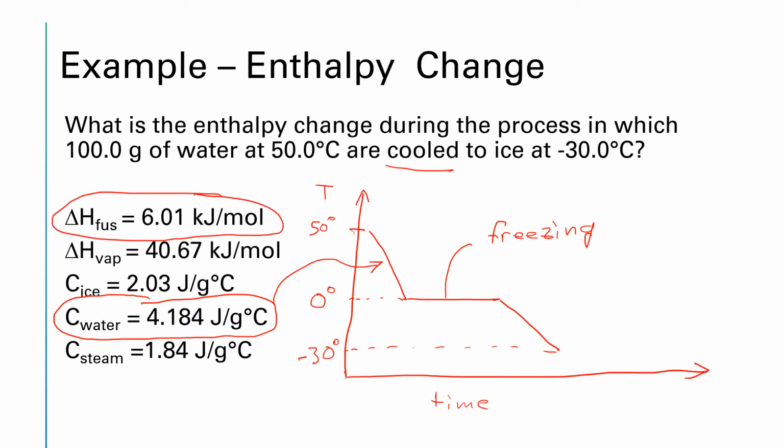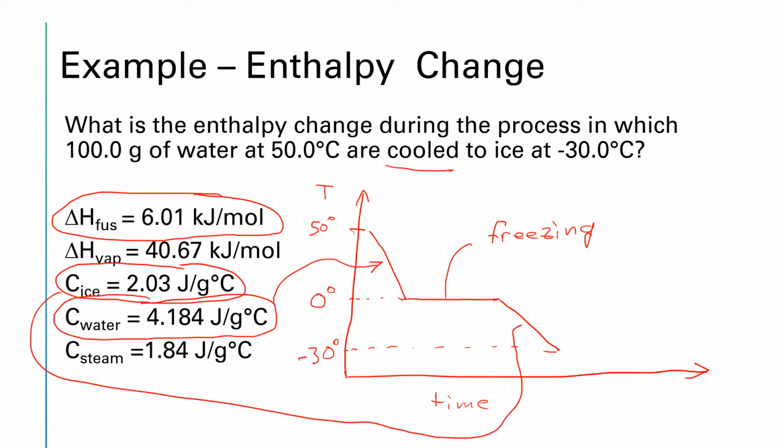Notice units are all over the place here. The heat of fusion is given in terms of kilojoules per mole, and the specific heat is per gram. And then last but not least, we have the solid cooling off, which means we need the heat capacity of ice, which is 2.03 joules per gram per degree C.